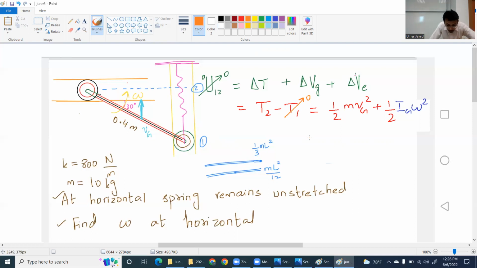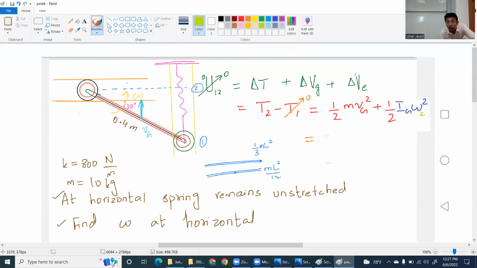No, because the question says that I stretched it like this, there is a certain value, so the V1 is 0. I left it, and when it is passing through that horizontal, there might be some velocity. Now it is equal to, let us finish the question, half m Vg square plus half Ig omega 2 square.